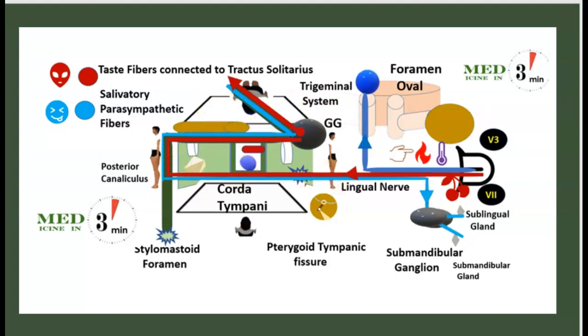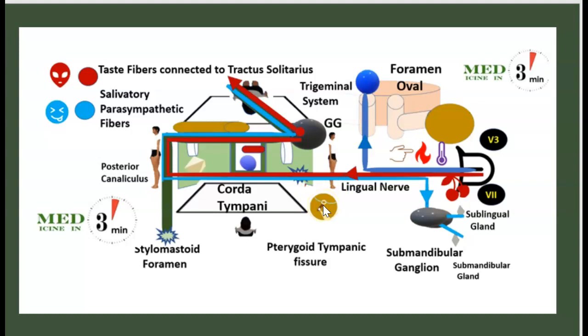Along with the tympanic membrane, we see a shade moving in the same way. Hence the name chorda tympani. This is the shade of the chorda tympani in the tympanic membrane.